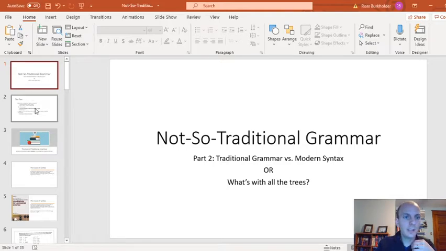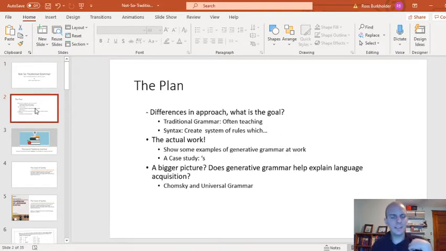So that's today. I can show you a little bit more. Let me get to the right screen here. The plan is to do this lecture in three pieces. First, we're going to look at some differences in approach or goals for traditional grammar versus syntax. Then we're going to look at what the actual nitty-gritty work of syntax looks like. I'm not going to get too much into what traditional grammar looks like. That's what you guys have already been doing.